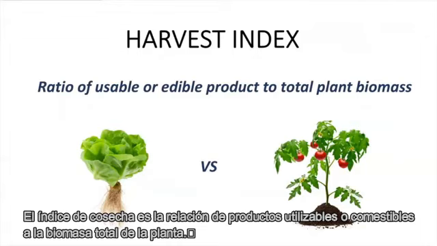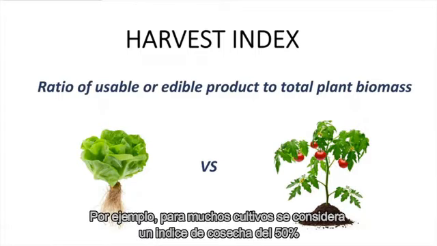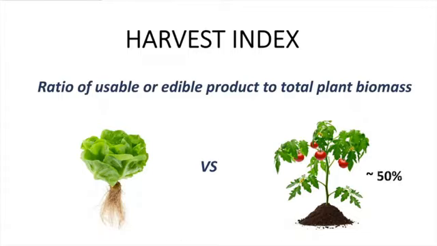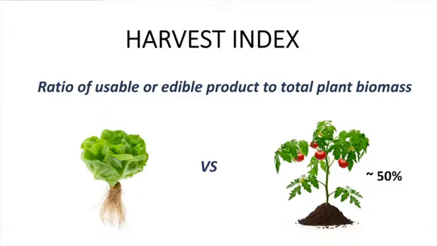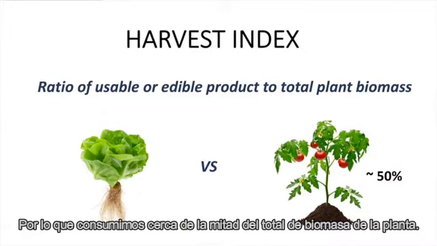Harvest index is the ratio of usable or edible product to total plant biomass. For example, for many crops, we considered a harvest index around 50% because we grow a plant and we harvest fruit. Therefore, we're consuming about half of the total plant biomass.